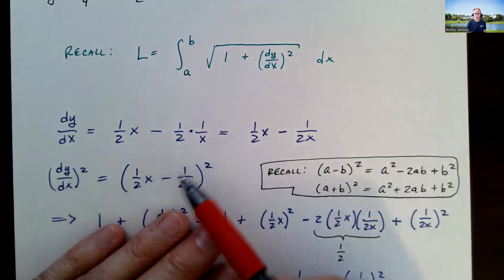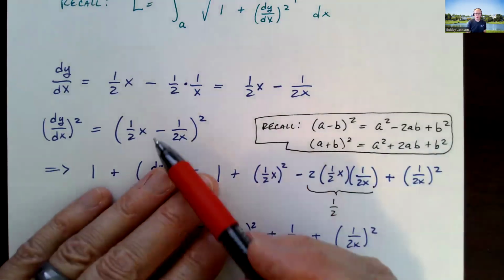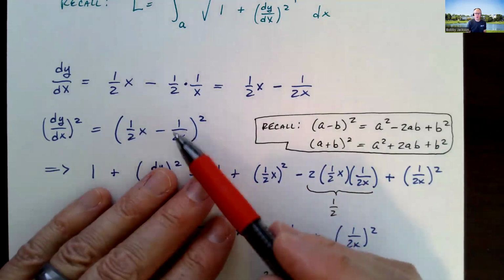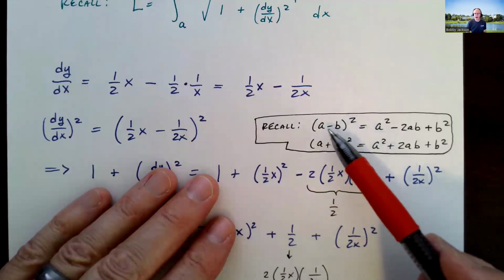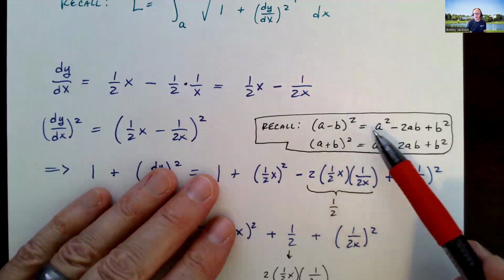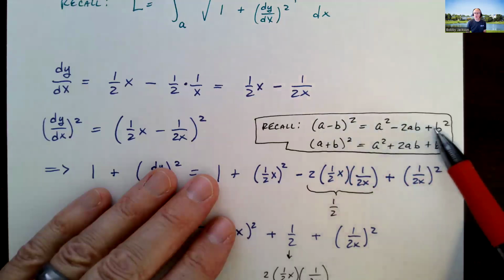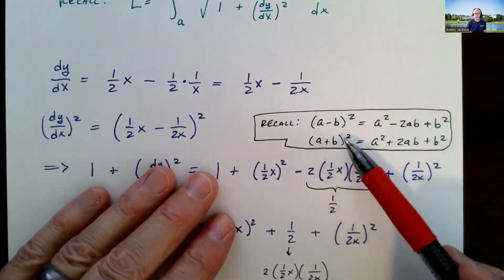Okay, now we can expand that out and multiply it. I just want you to recall in general, this is like a, which is 1/2 x, and b is 1 divided by 2x. So a minus b quantity squared, if we FOIL that out, a minus b times a minus b, I get a squared. Inner and outer is minus 2ab plus last b squared. And also a plus b squared, what's the only difference?